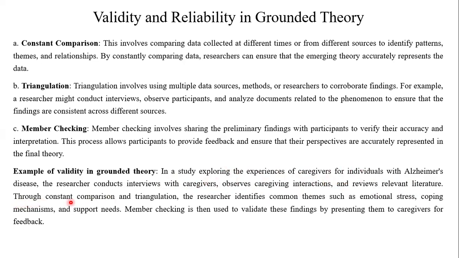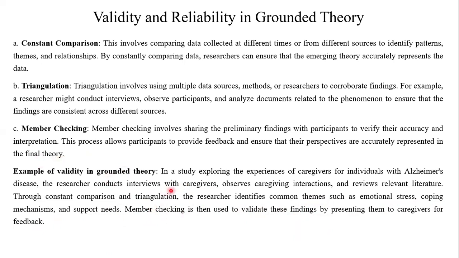Through constant comparison and triangulation, the researcher identifies common themes such as emotional stress, coping mechanisms, and support needs. Member checking is then used to validate these findings by presenting them to caregivers for feedback. So after you have found some results, you can share these results with your participants as a member checking procedure.